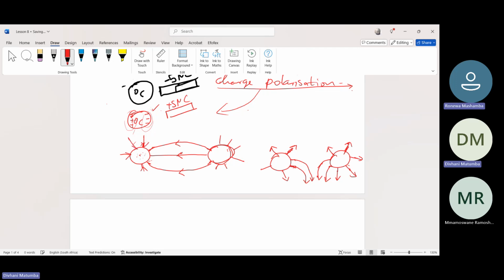Mamsane, what do you think? So it's negative. And this one is positive. So if I put a test charge there, obviously it will be repelled by the positive and it will be attracted by the negative.